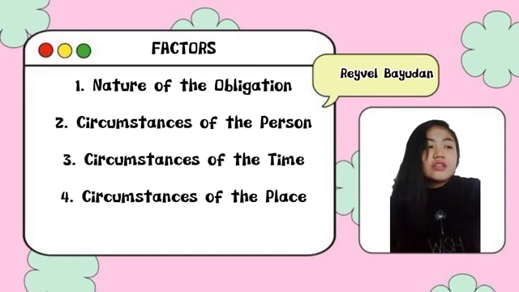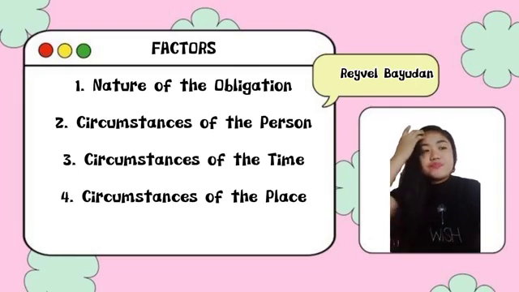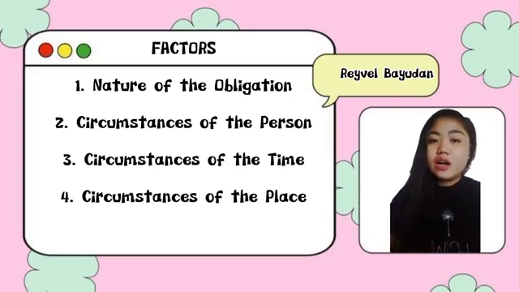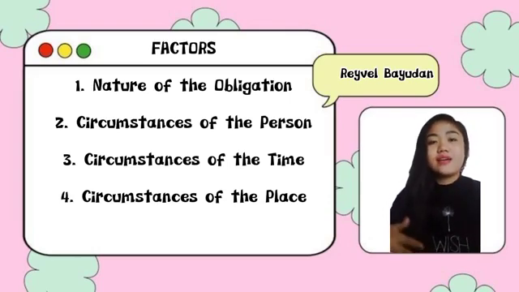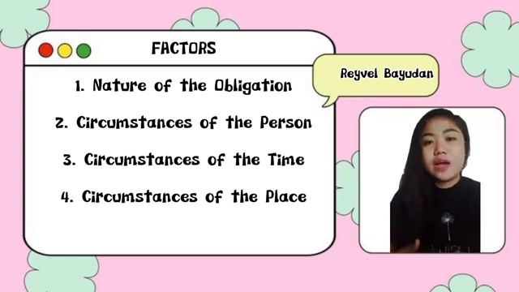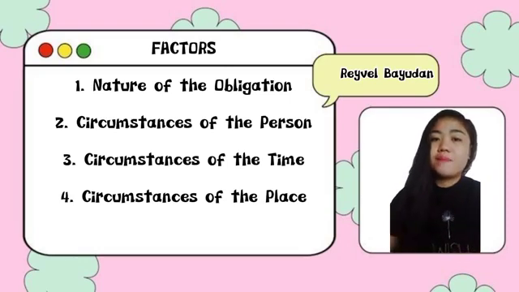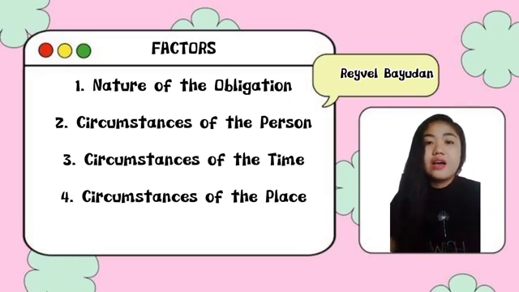So, next factor is circumstances of the person. So, example of this is a guard. A man in the prime of life, robust and healthy, sleeping while on duty is guilty of negligence. Siyempre, circumstances of the person. So, siyempre, if you are a guard, you should protect. If night shift ka, example, guard ka, kaya siyempre, you should protect the company or the area.